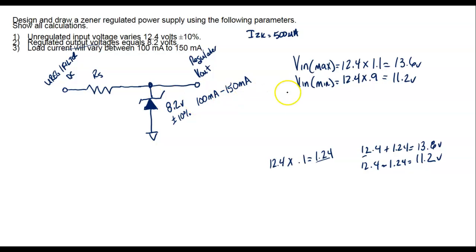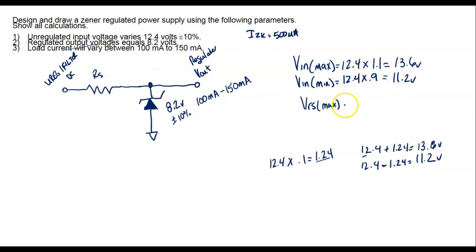Then I need to calculate the voltage drop across RS, and this is the mistake that we've been making. We've been using this guy and screwing up instead of using the voltage drop across RS. So VRS maximum would be what's on this side.